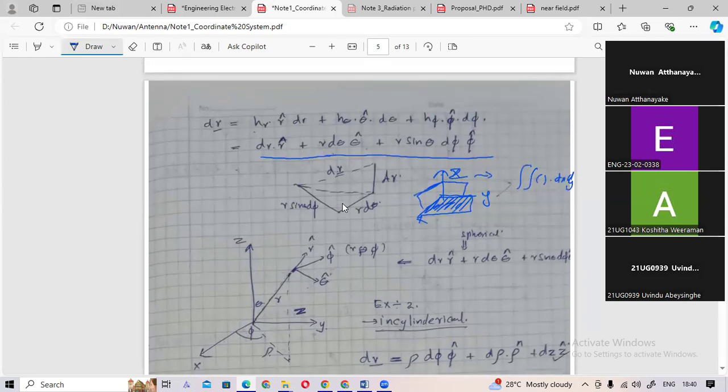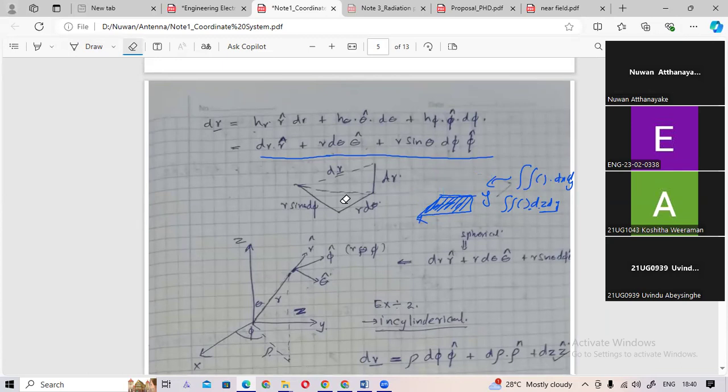If you want the zy plane, the surface integral should be done with respect to the z and y variables. If it is zx, the function should be integrated using dz and dx. So using Cartesian coordinates, you can easily calculate the surface integration.